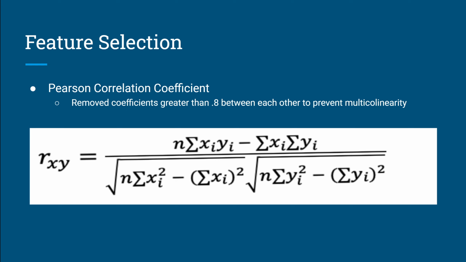The real work, though, starts with plotting the Pearson correlation coefficient after the features have been reduced to the numeric features. The authors used this analysis to remove coefficients in order to prevent multicollinearity.